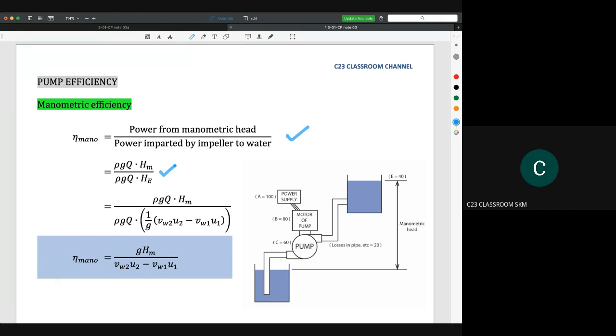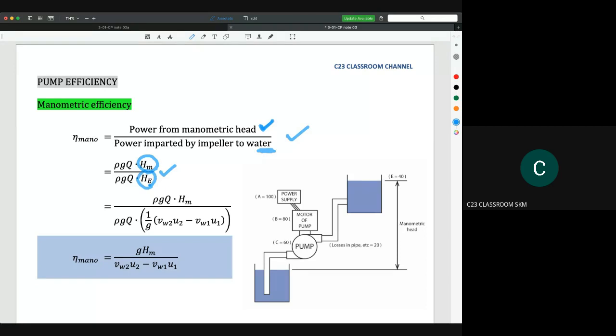For the power from the manometric head, the equation will become rho g Q H_m, where H_m is the manometric head. And the power imparted by the impeller to water can be calculated by using the equation rho g Q H_e.